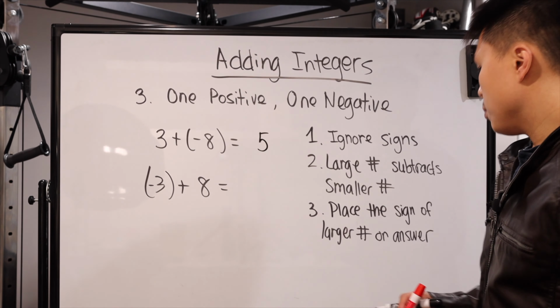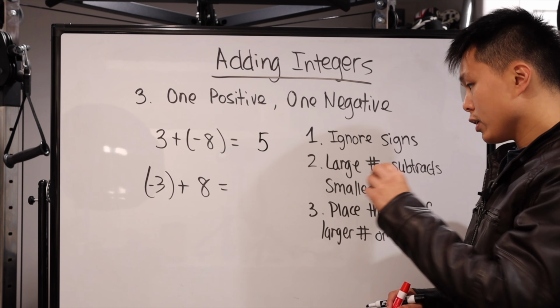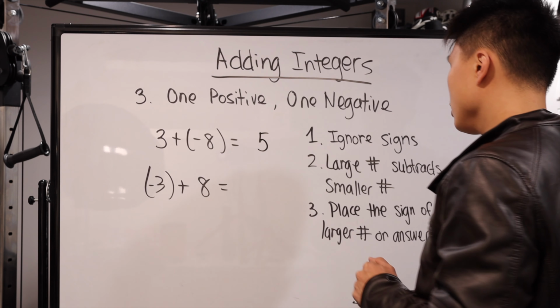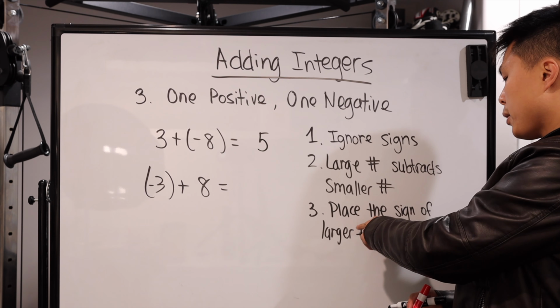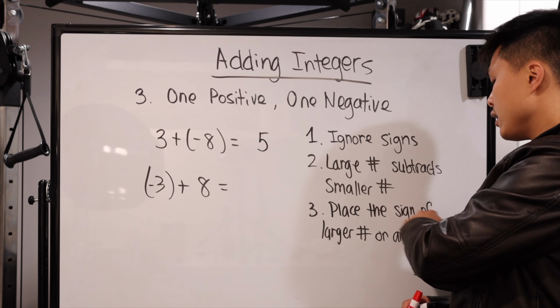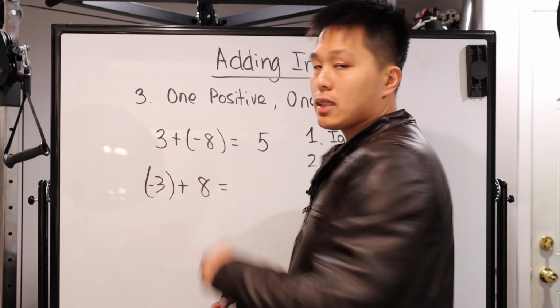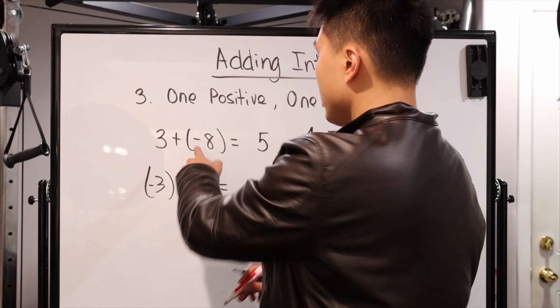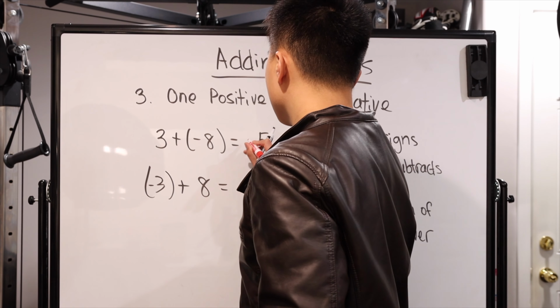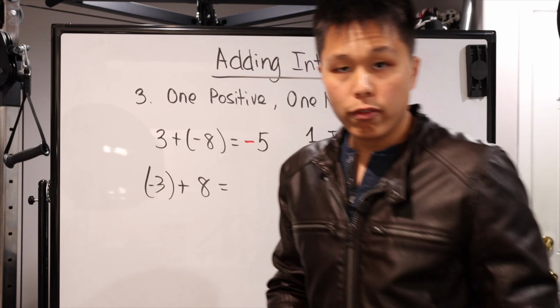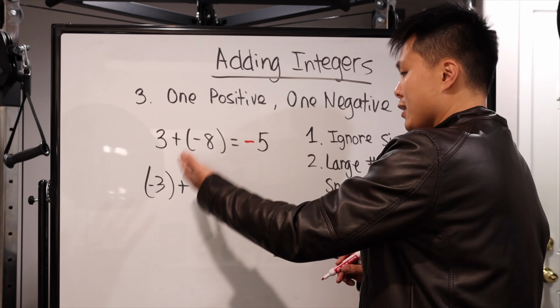Okay, fairly simple. Now, here's the last step where it can get more convoluted. Step 3, you're going to place the sign of the larger number on the answer. So in this case, since 8 is technically the larger number, the sign is negative, hence this is going to be a -5.